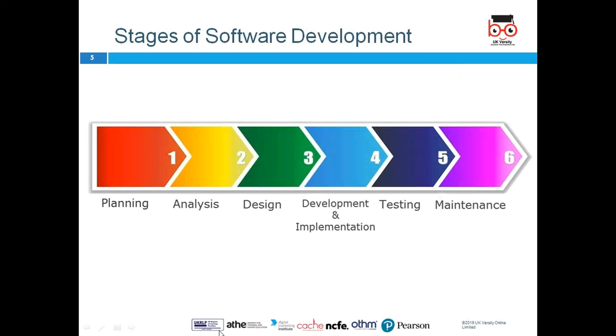Now, if you ask me to give a big picture of software engineering, then probably the software development life cycle would be the number of stages, like the six in front of you.